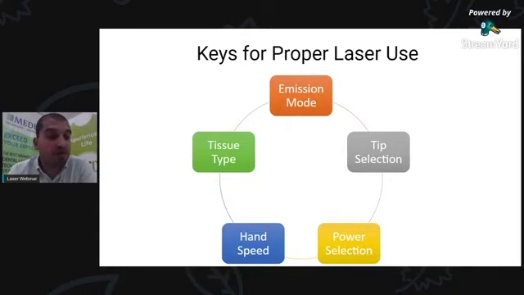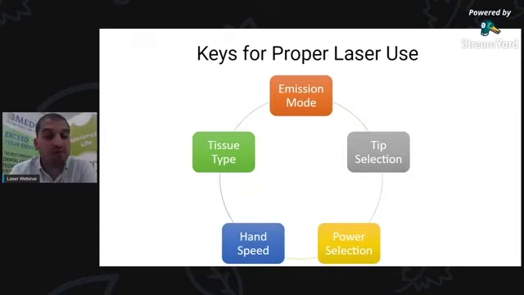If I'm working with a high-speed hand, that means my hand moves very fast, I will not cause the same effect as when we work with a slow hand, as the energy delivered by the fast hand is much less than by the slow hand. We have to take this into consideration when we use a laser, as this trick is very important in some cases. Many cases have a pain threshold that is different from other cases.